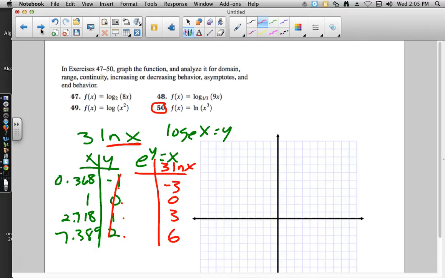So 0.368 and negative 3. And then we have 1 and 0. And we have 2.718 and 3. And 7.389 and 6.